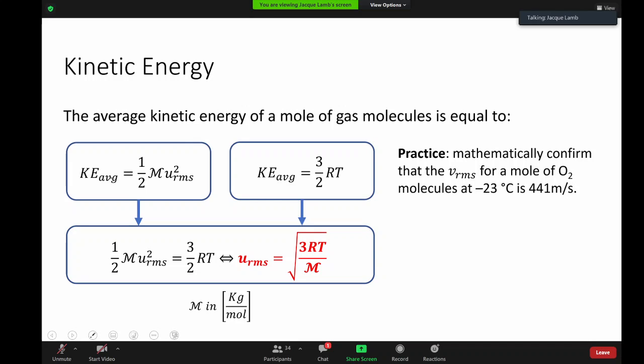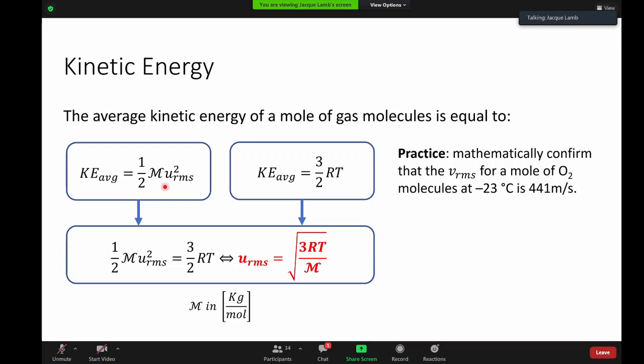Okay, so the average kinetic energy of a mole of gas is KE average equals 1/2 times the molar mass times the root mean square speed squared. But we also know that it's proportional to temperature in Kelvin. So we have these two equations, both of which measure the average kinetic energy.